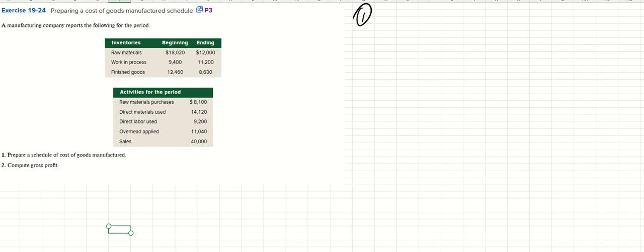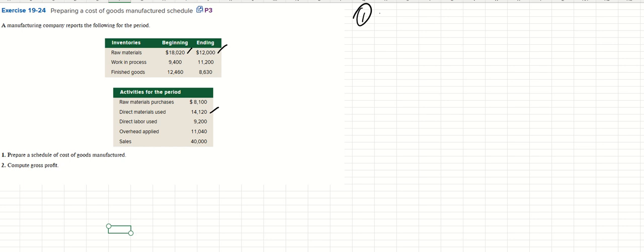And as you can see here for raw materials, we're given our beginning balance, ending balance, and also from the raw materials, the direct materials that were used. So here's how I like to set it up.